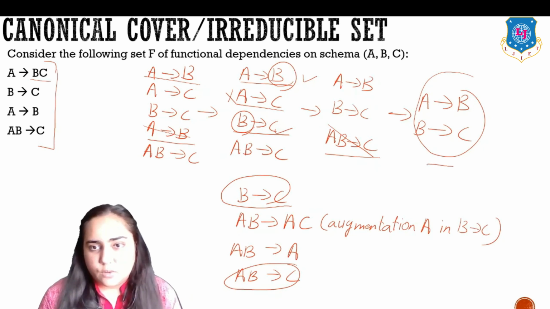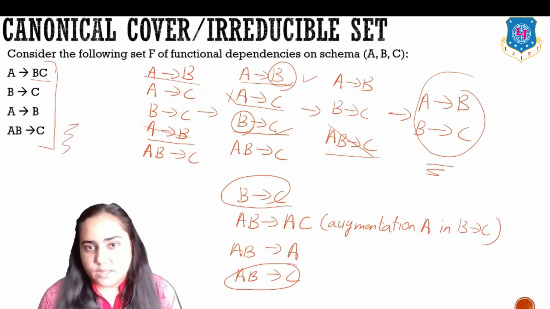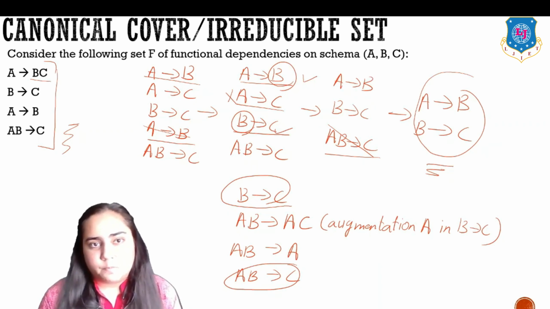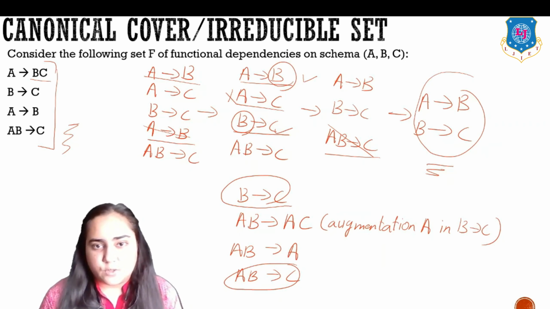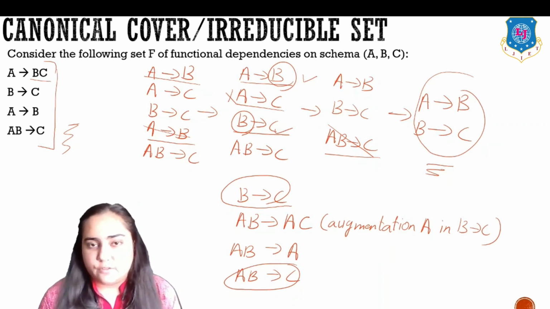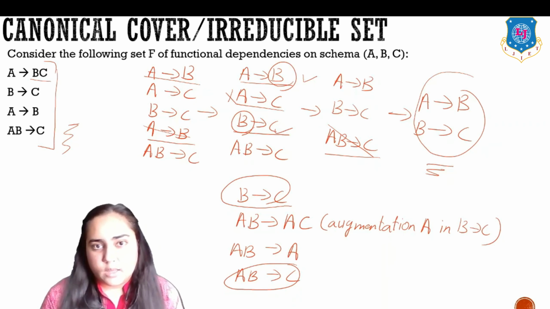So this whole set is actually equal to this whole set. And when there are fewer dependencies, we can perform our normalization process in a much more efficient manner. So this is how you can calculate a canonical cover for some set of functional dependencies. It is also known as the irreducible set of functional dependencies.